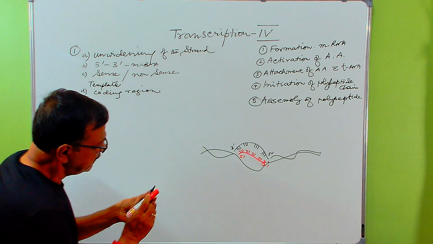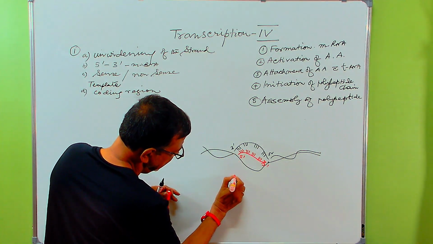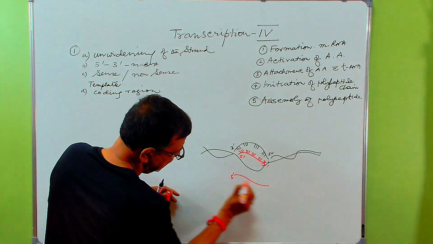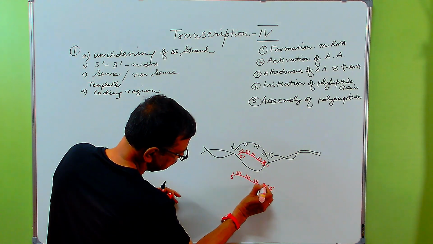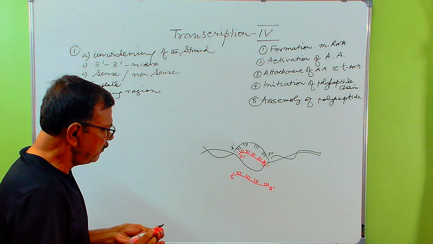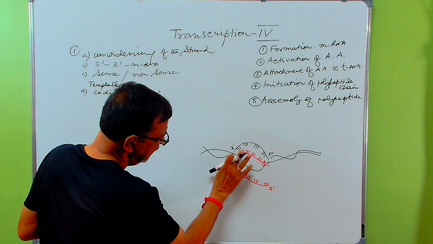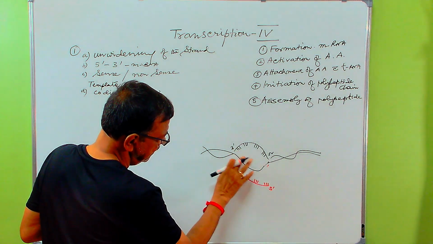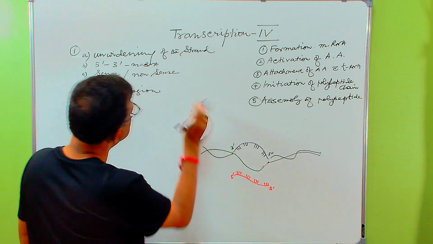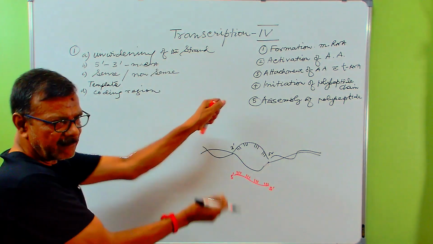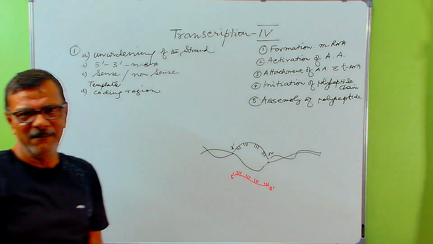Now, as soon as this mRNA is formed, what actually happens? This mRNA is formed already here. So we will write, as soon as the mRNA is formed, it has localized unwinding, so it will recoil again.